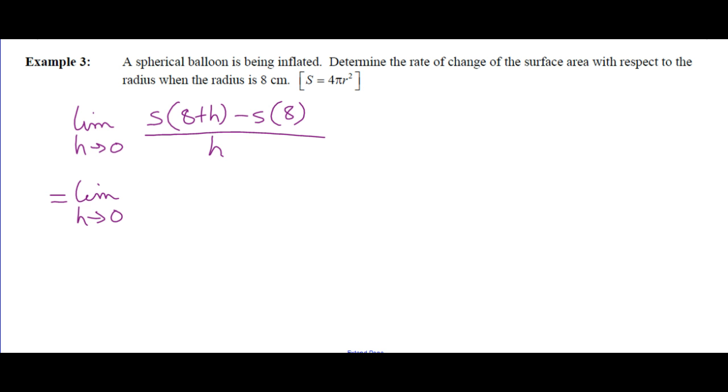And so we're going to use the function definition, right? Surface area change. So it's going to be 4 pi times 8 plus h squared minus 4 pi times 8 squared over h.